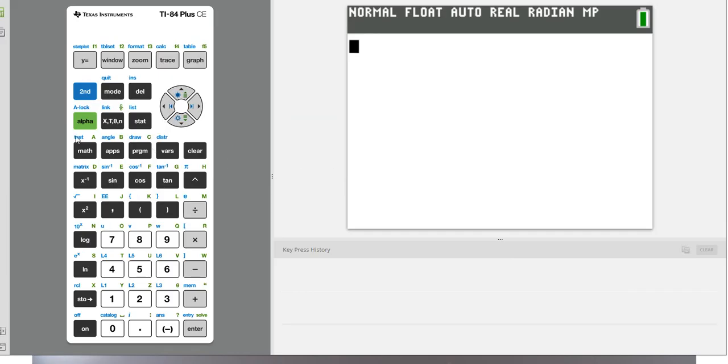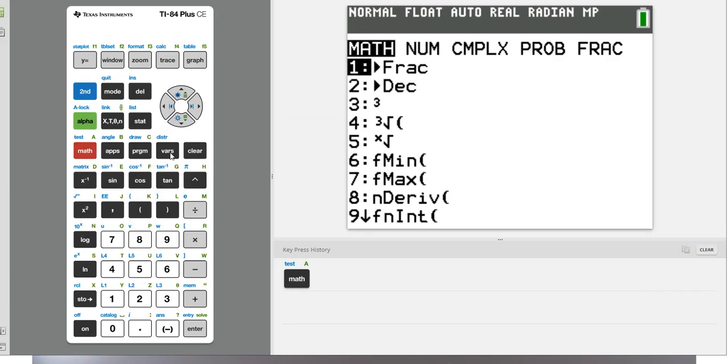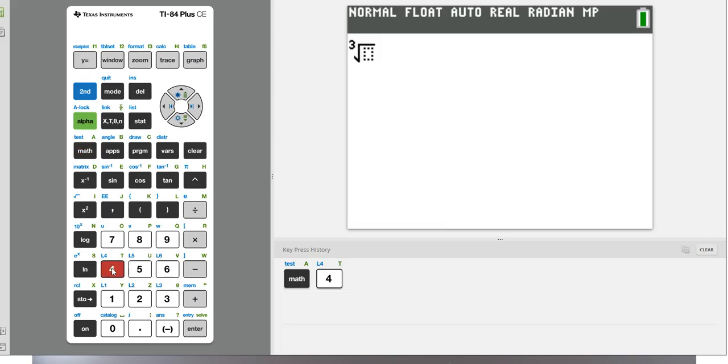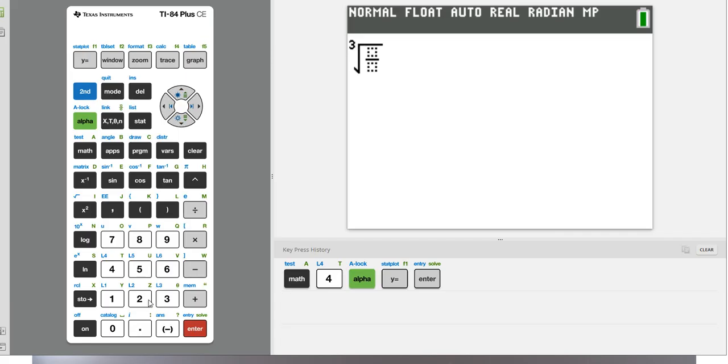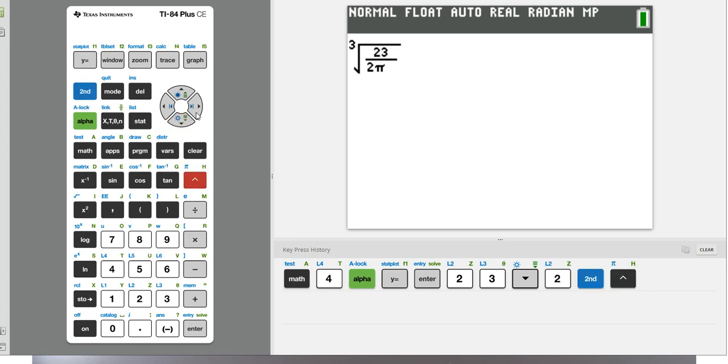So let's take the cube root. Go to the math menu. Option 4 is the cube root. I want the cube root of 23. Let's see, I'm going to do it this way. A little fanciness here for you. If you hit the alpha key, then the y equals key, you can do a nice up and down fraction. Let's do 23 divided by 2 pi. And I'm going to store that in x.